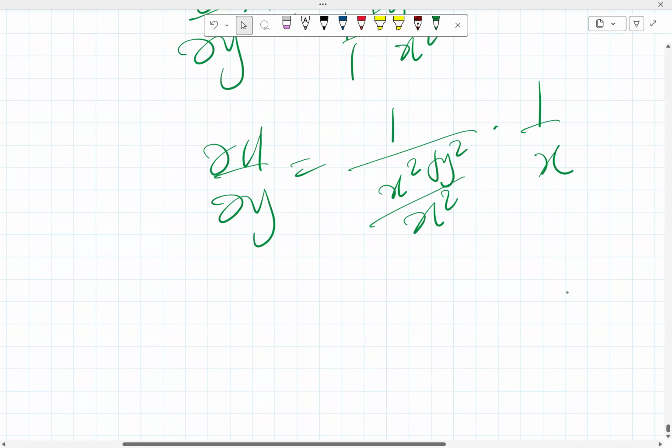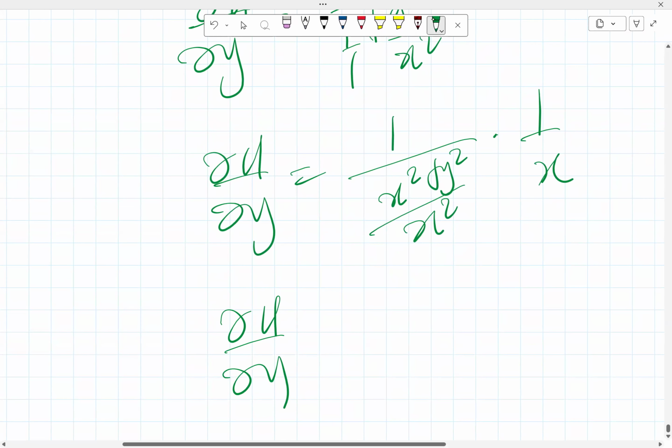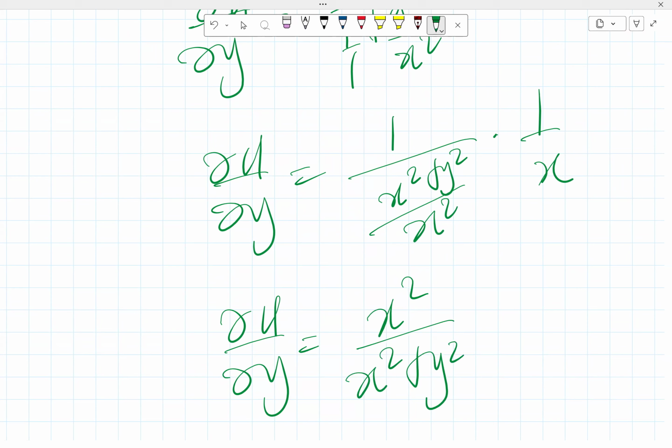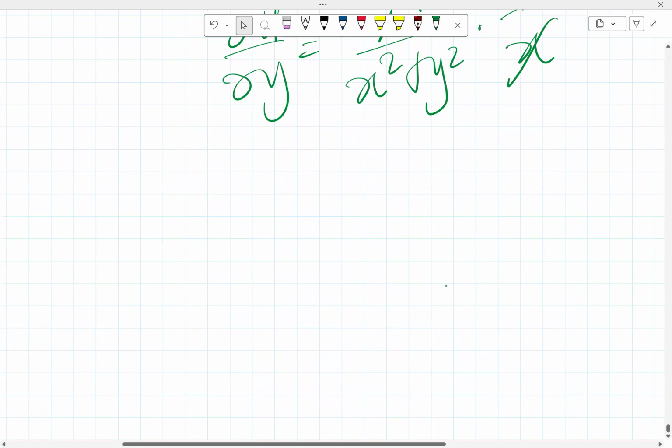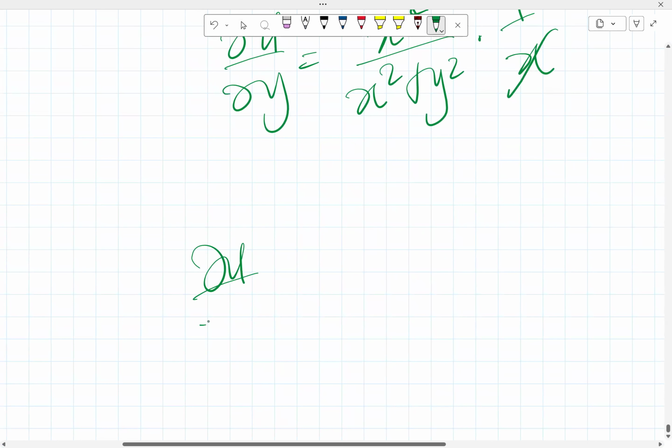So that you have partial u partial y equals x squared goes up all over x squared plus y squared times 1 over x. So x cancels one of these. So partial u partial y is equal to x all over x squared plus y squared. So we have this again.